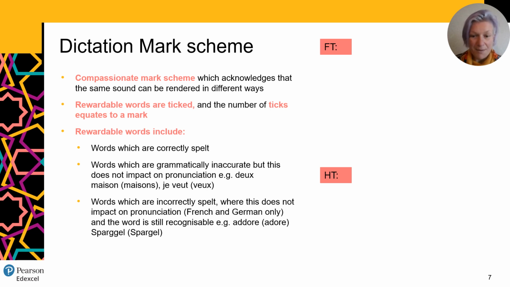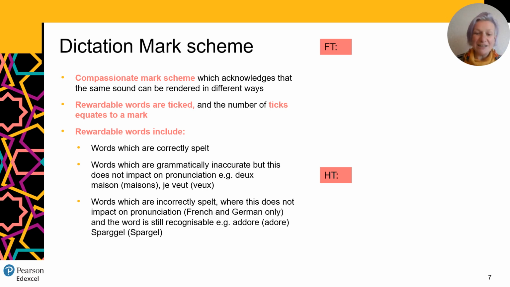Now, maison and maisons sound exactly the same whether you render the S or not. So this is a grammatical error, and the student would get the tick for maison without the S because they have correctly rendered in the target language an appropriate spelling of that sound. The mistake that they have made is a grammatical one, not one that's associated with the sound symbol correspondence, which is what is being assessed.